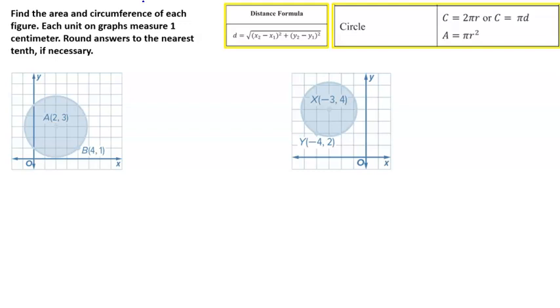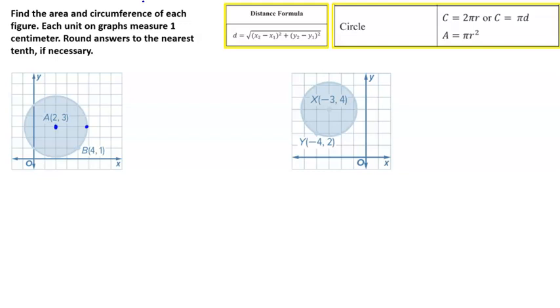All right, so we are going to use the distance formula with this first one, and then we're going to use the Pythagorean theorem for the second one to find the radius. So sometimes when you are given a circle, the radius is from the center to the outside of the circle.